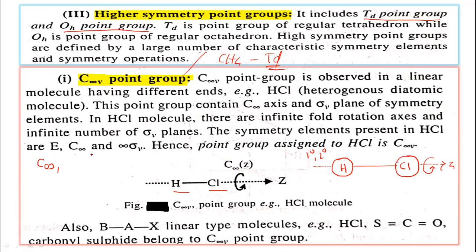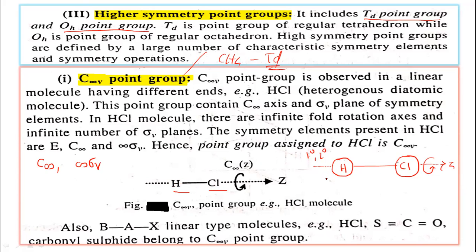Now this molecule also has a number of vertical mirror planes, and the number of mirror planes is infinity sigma v. It does not have only one vertical mirror plane or two, but infinite vertical mirror planes. So the HCl molecule has infinity sigma v. We can pass mirror planes through this point, at this position, at this position, at this position.